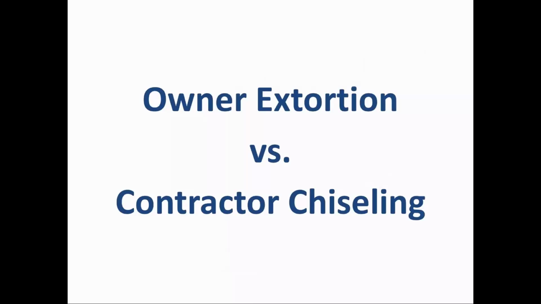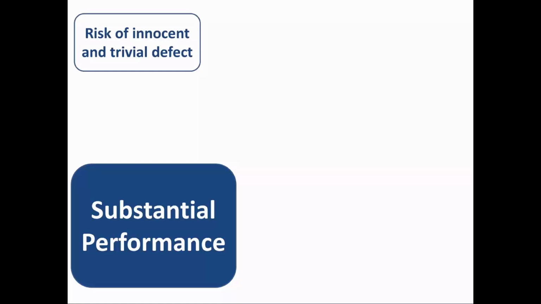How can we decide whether to use perfect tender to address contractor chiseling, or instead to adopt substantial performance to deter owner extortion? Let me sketch here a somewhat complex argument for using a substantial performance default rather than perfect tender. For complex construction or other service contracts, there's always a risk that the contractor will deviate innocently from at least one of the many specifications.